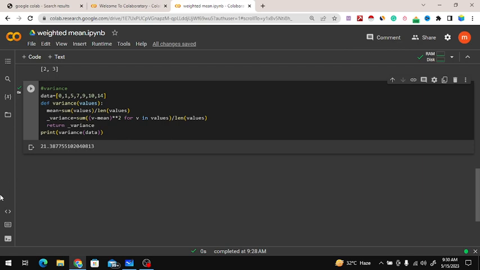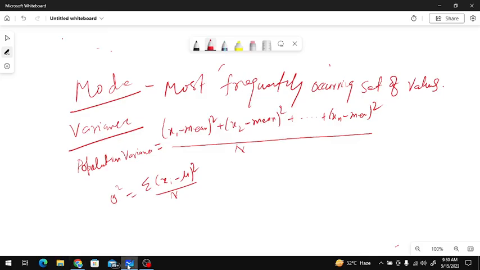So how do we write it here? Let's see. It's s squared, which should be the sum of xi minus x mean, whole squared, divided by n minus 1.